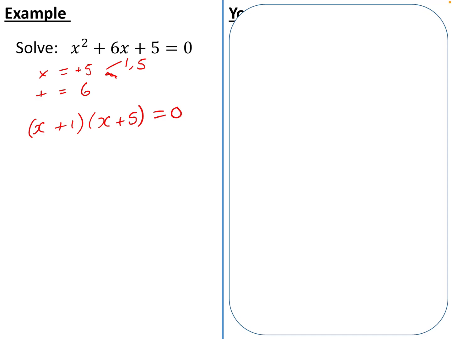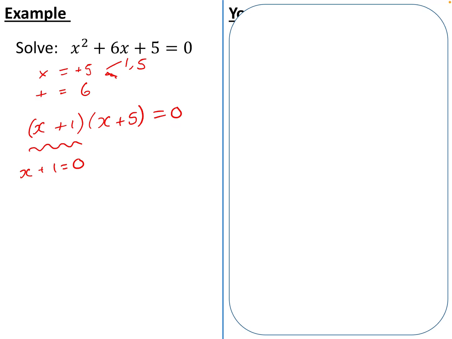What I said was, if one of those brackets is equal to 0, that will make the whole thing equal 0. So if we said that this part here is equal to 0, it does not matter what this number is. It could be any number in the world. It could be negative, positive, a fraction. As long as this one is 0, overall, this will all equal 0.